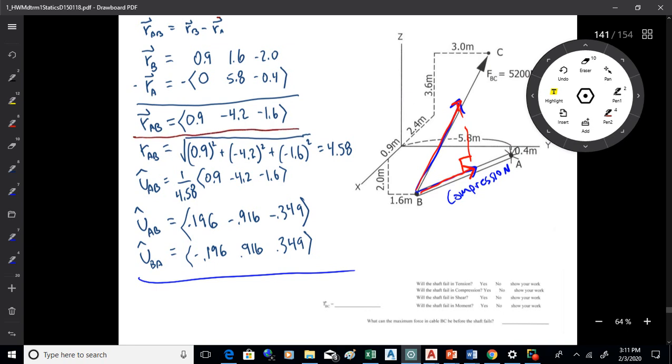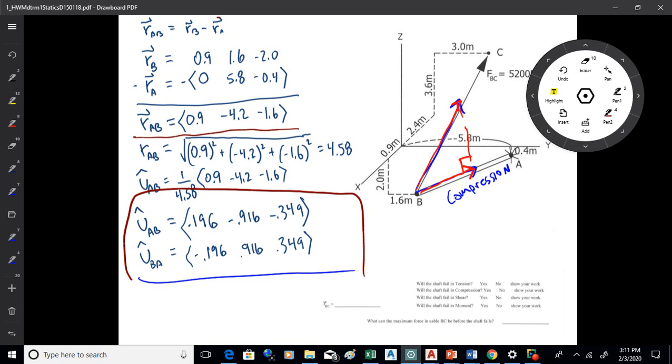I got from A to B is 0.9, negative 4.2, and negative 1.6. Took the square root of the sum of the squares and divided through and got unit vectors both from A to B and from B to A. So I'm getting set up to do both a projection and a moment. So we're good with that? Good to go?